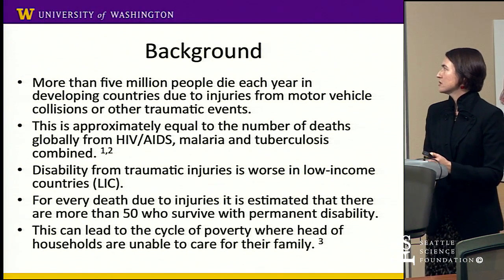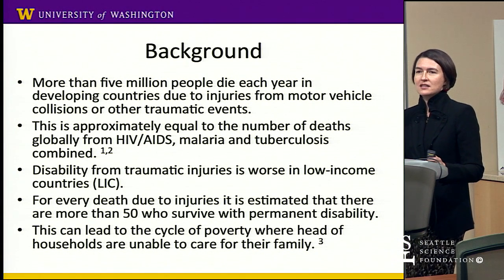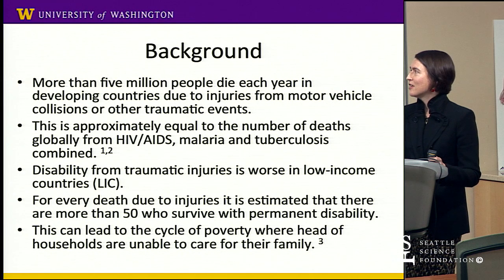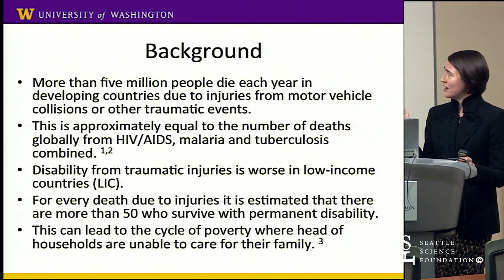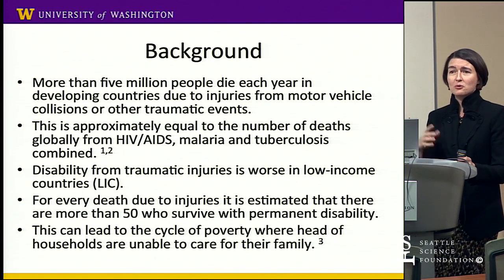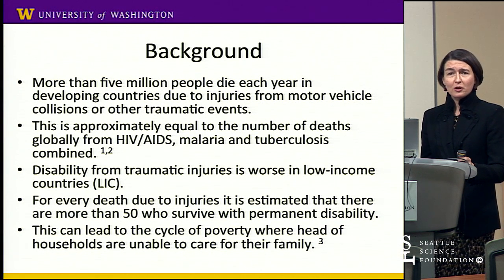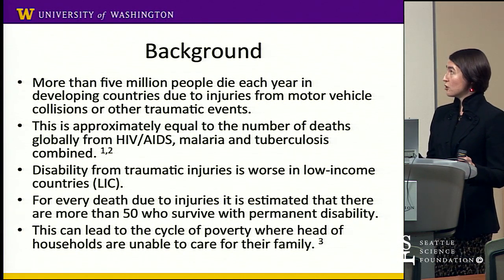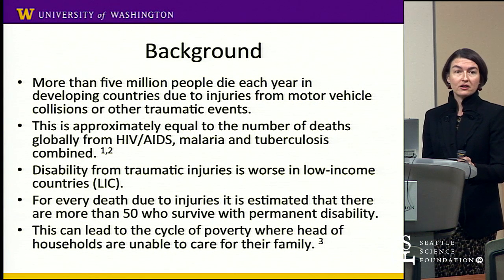So I know Dr. Zirkle touched on this. I think it is fascinating to think about orthopedic care in other countries: the number of deaths equal to traumatic events is equal to the number of HIV, malaria, and tuberculosis deaths combined. So we have a lot of organizations here, PATH and big global health, the Gates Foundation, that do a lot of work in these other areas, HIV, AIDS, and malaria.